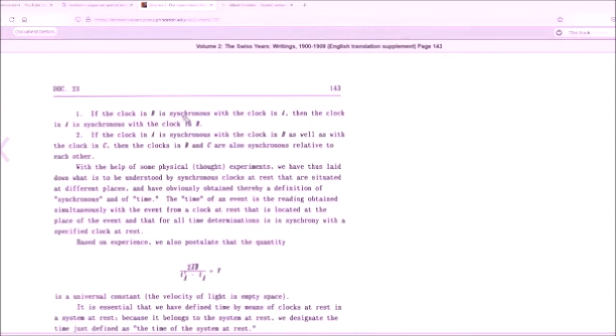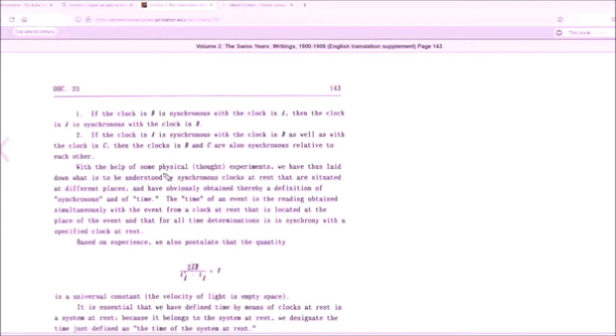If the clock in B is synchronous with the clock at A, then the clock in A is synchronous with the clock in B because of the simultaneity. If the clock in A is synchronous with the clock of B as well as with the clock in C, then C is a third point, an arbitrary point. Then the clocks in B and C are also synchronous relative to each other.